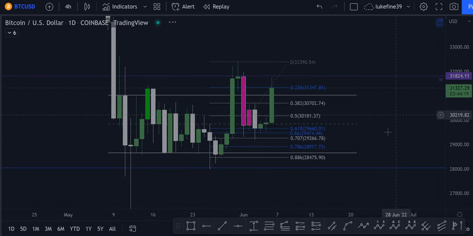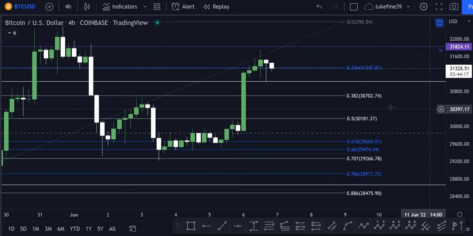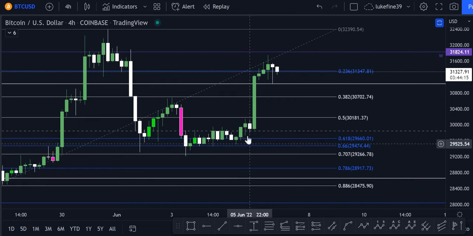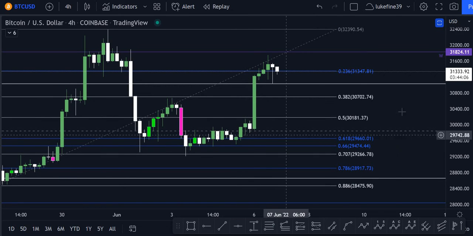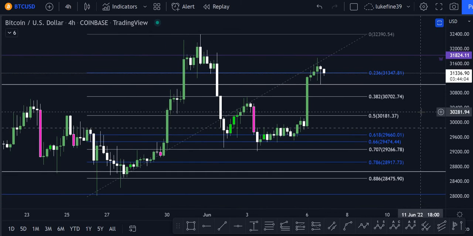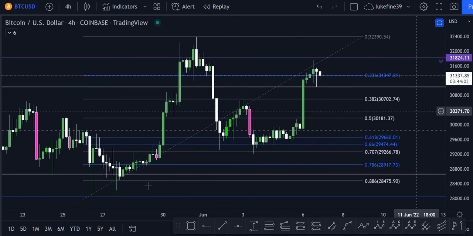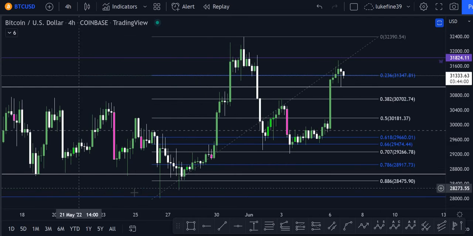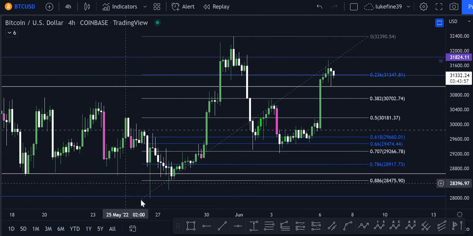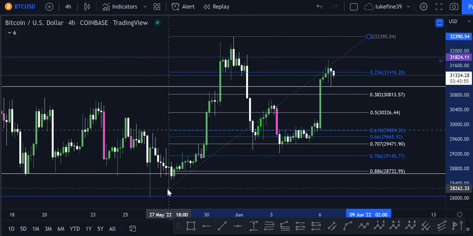4 hours. Why did I call a long yesterday night? I called a long somewhere around here in the group, on this candle. Why? Well, I count this as a 1 2, so we can move these fibs here.